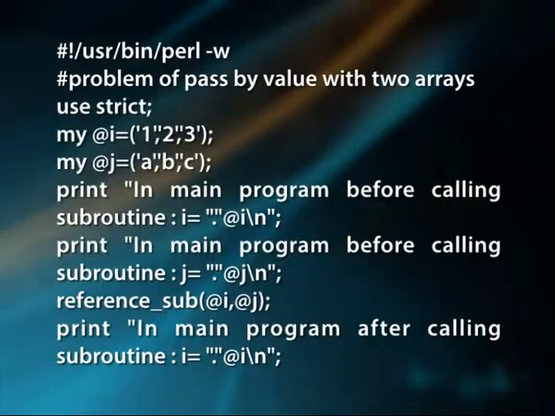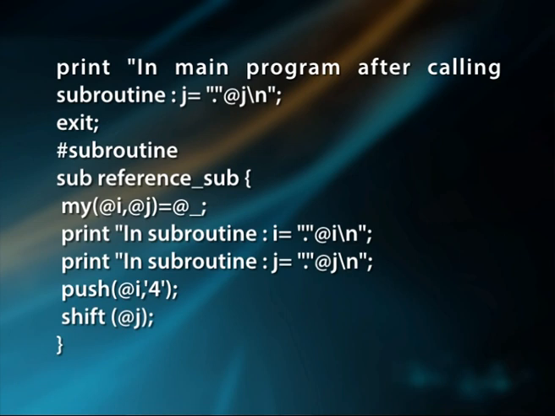Consider the following example. #!/usr/bin/perl. Problem of pass by value with two arrays. use strict; my @i = (1, 2, 3); my @j = ('a', 'b', 'c'); print "In main program before calling subroutine i equals @i\n"; print "In main program before calling subroutine j equals @j\n"; referencesub(@i, @j); print "In main program after calling subroutine i equals @i\n"; print "In main program after calling subroutine j equals @j\n"; exit.